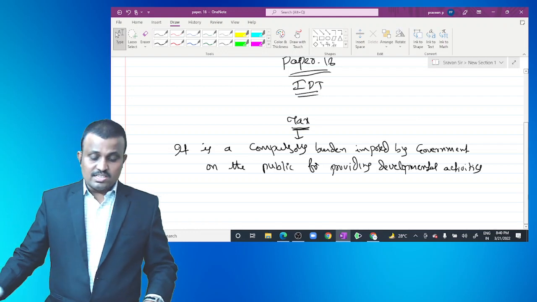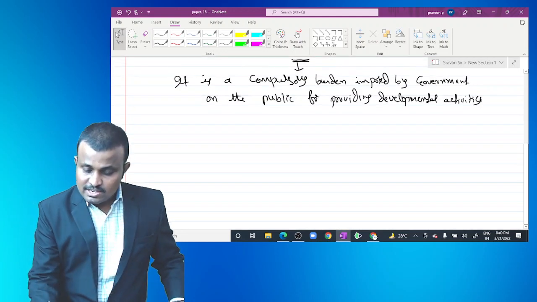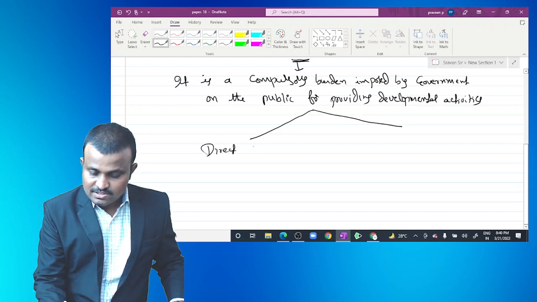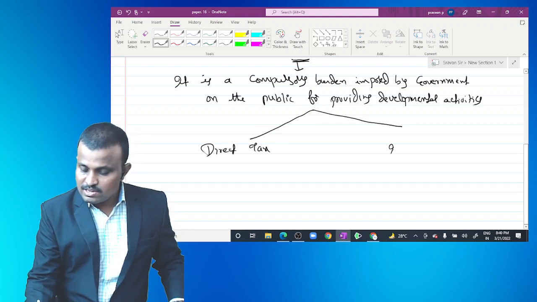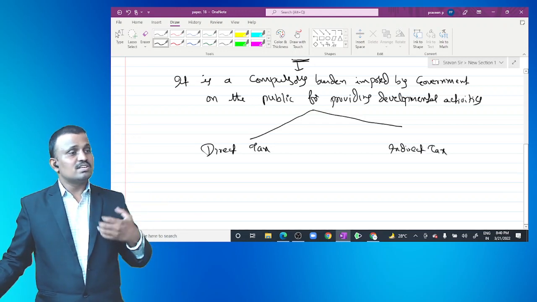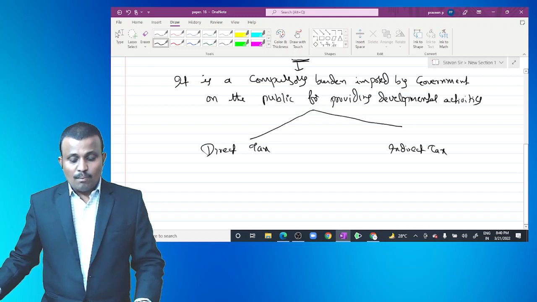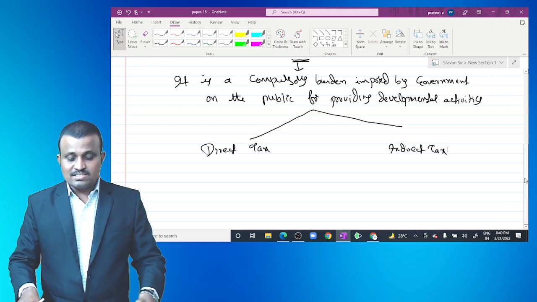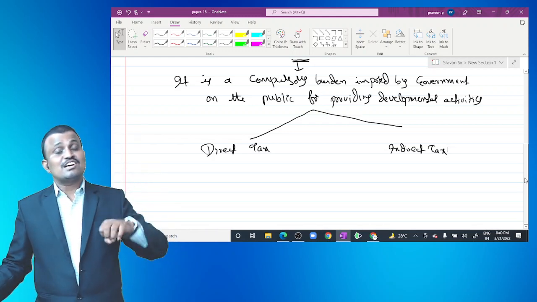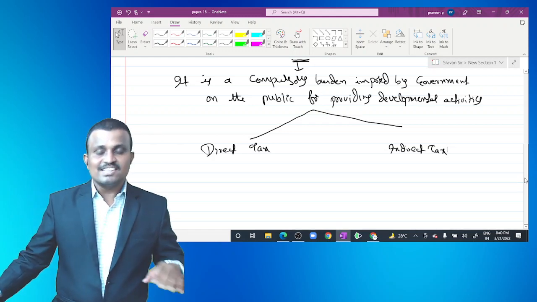Generally, taxes are classified into two types. One is direct tax and another one is indirect tax. So how are the taxes classified? Based on what factor are taxes classified into the two types, direct and indirect?